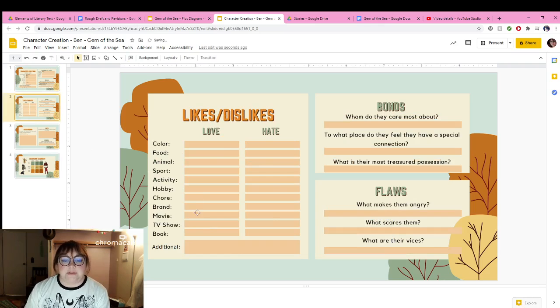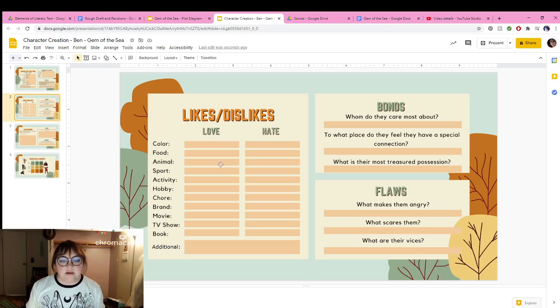I'm not going to go through these, but when you create your character, you can answer these just fine. There should not be a skipped section over here. You can't be like, oh, his favorite animal is no favorite animal. You can come up with them. It's your character. You can make that up, okay? I don't want to see these blank, okay?